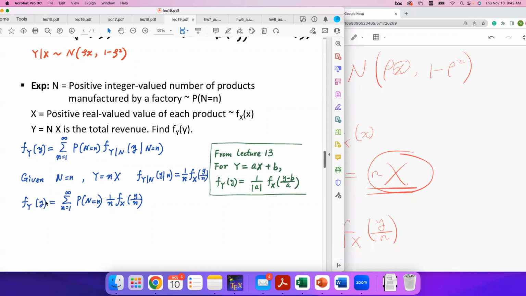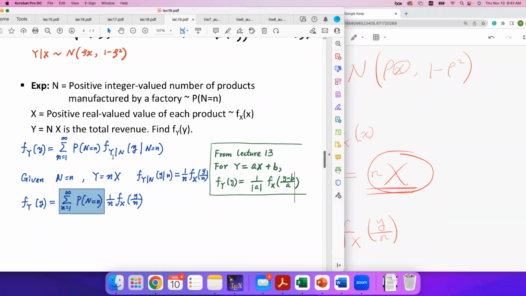So the total revenue depends on the number of products that we have, right? And this follows such a distribution. So we need to consider all such cases. Right? And in each case, we need to further consider the total revenue. So given that we have made this many products, what is the total revenue?